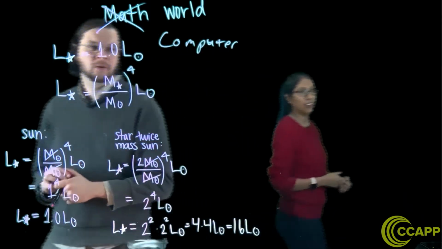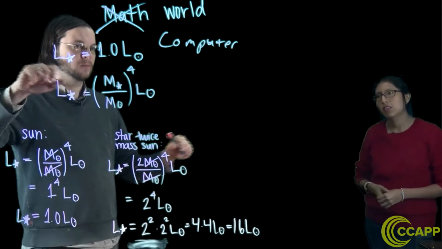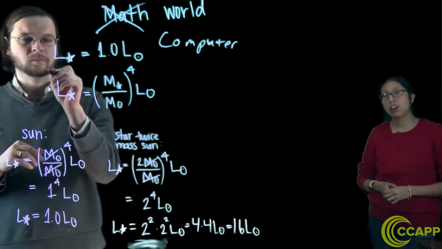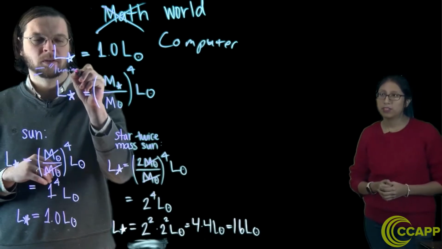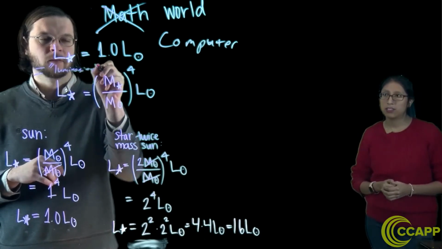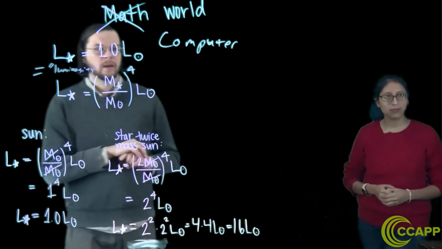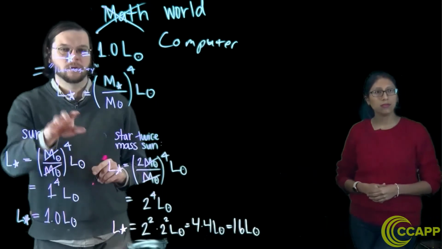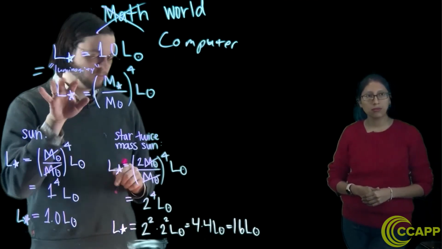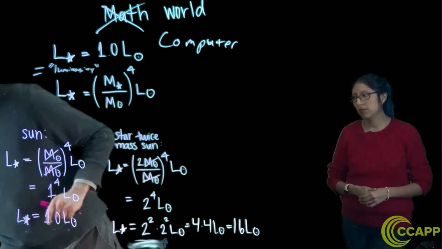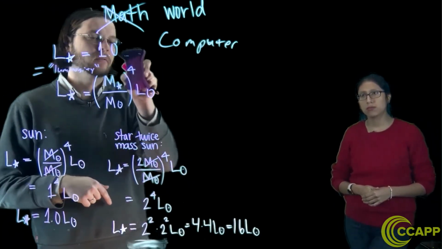So in computer world, this variable, do you remember the name of this variable in the program? In the program it's called luminosity. I believe in the program it's all lowercase, right? So in the program, this is luminosity, but we're setting it equal to 1. Instead, we wouldn't write it like this, we'd write it like this. We'd just get rid of this thing, right?